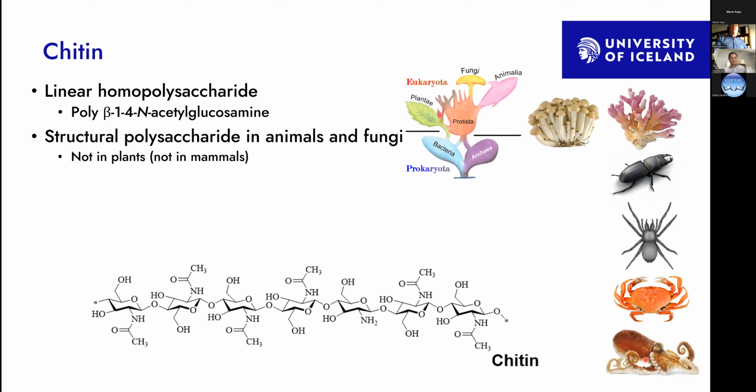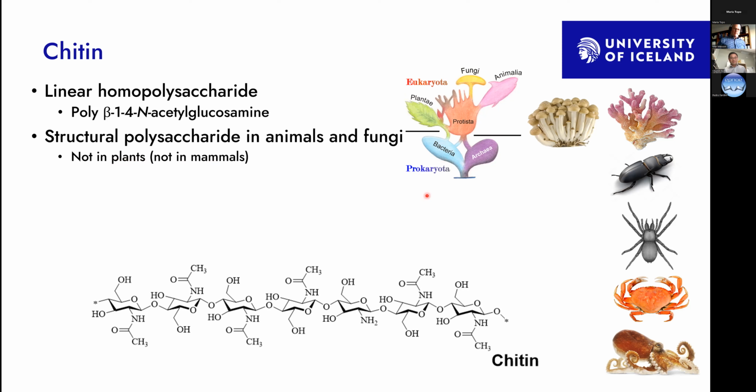You have it in many kinds of animals, also octopuses, cephalopods, fishes, and apparently in salamanders, but as far as we know today, it is not found in mammals, and it's not found in plants.